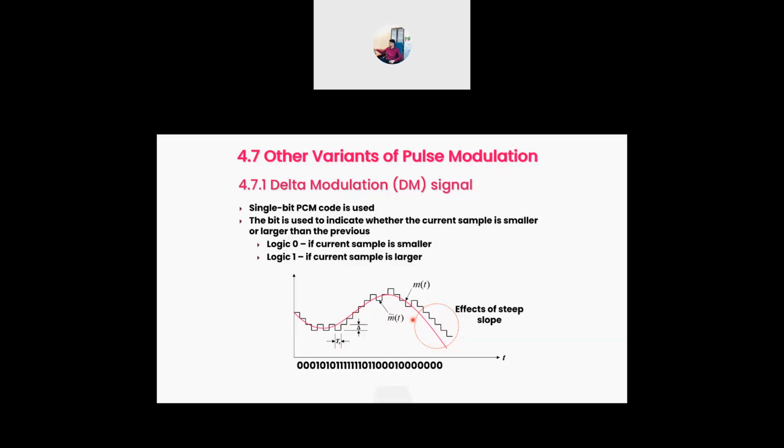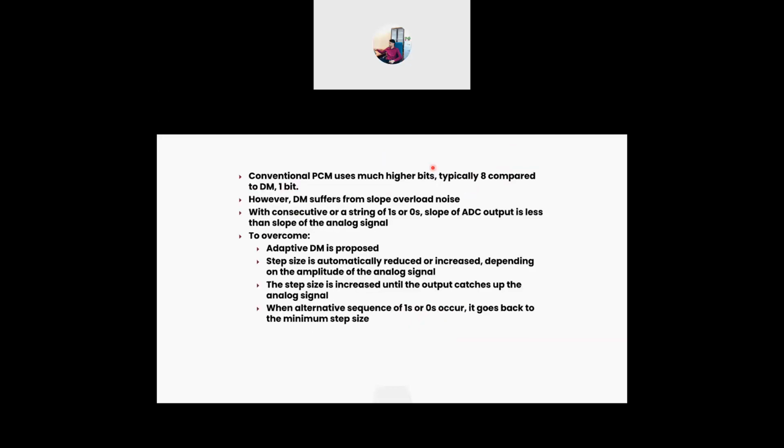When you are using delta modulation, this may happen, the effect of a steep slope. This can contribute to noise, which is a disadvantage of this system. Conventional PCM typically uses many more bits, compared to delta modulation's 1 bit.